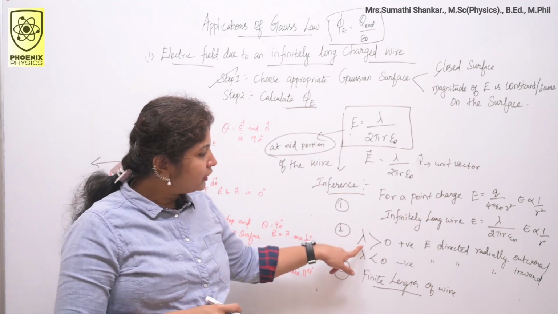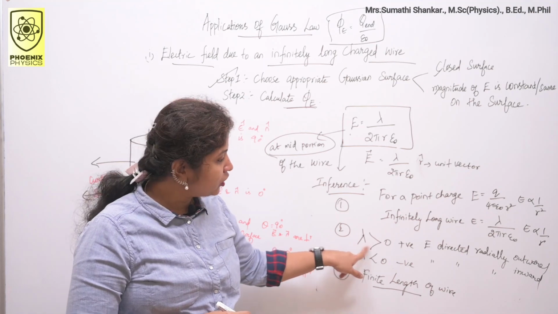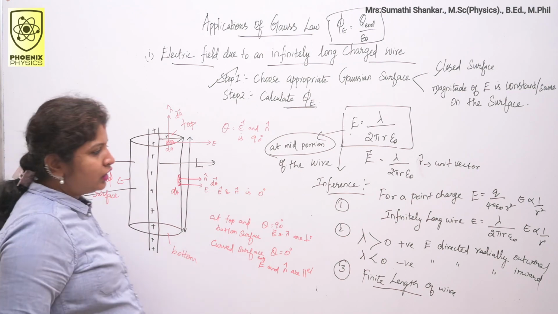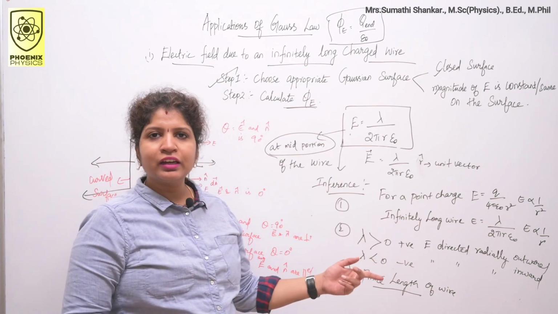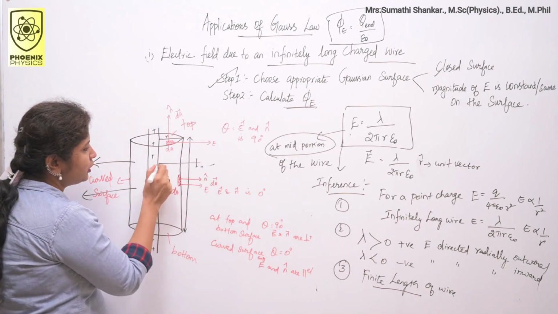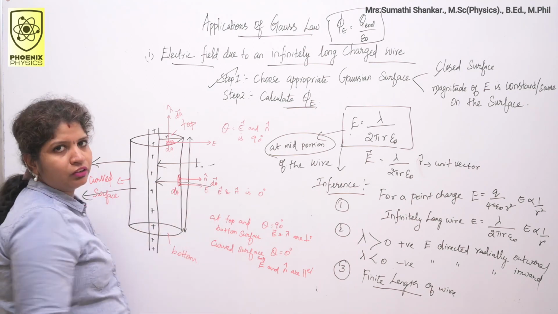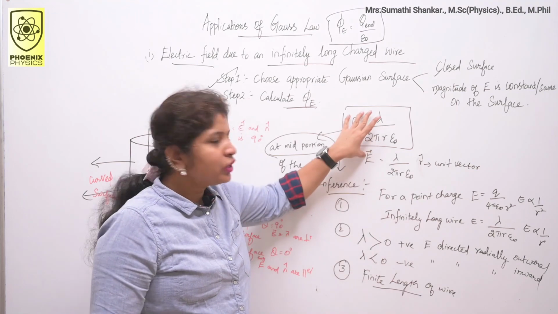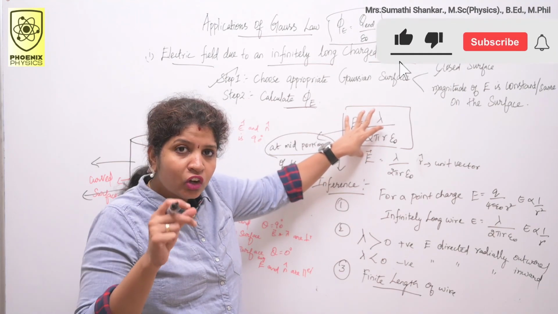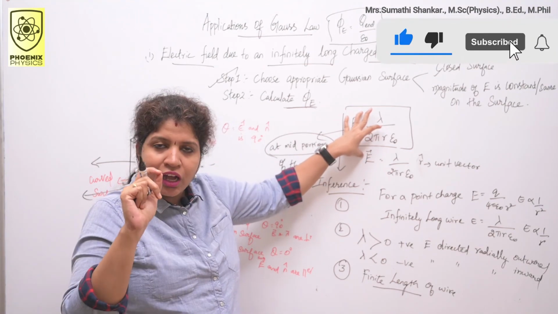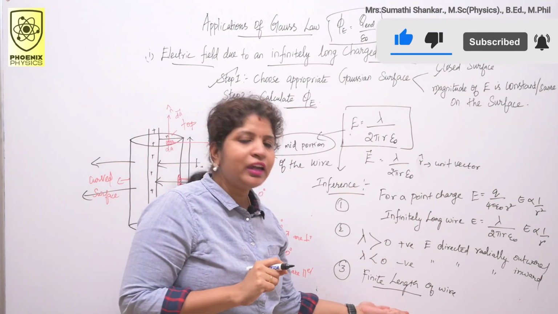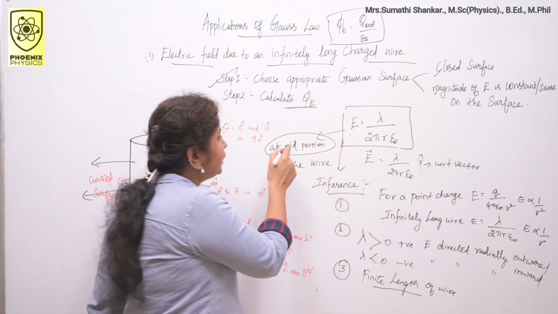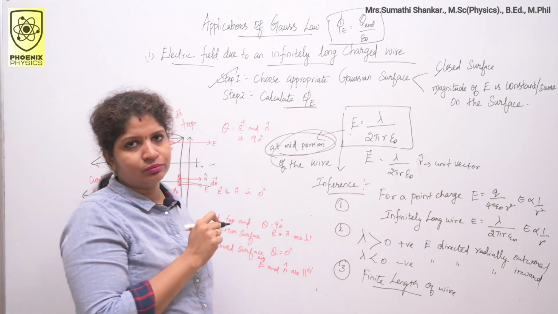Second, if the linear charge density lambda is positive, E is directed radially outward; if negative, E is directed radially inward. Third, this equation is for an infinitely long charged wire; if the wire has finite length, this equation is valid at the mid portion of the wire.